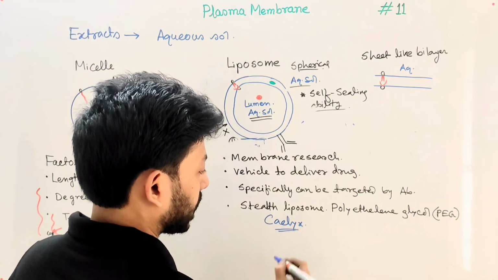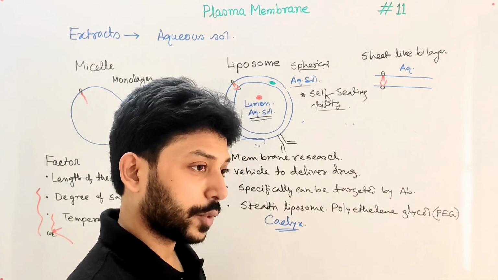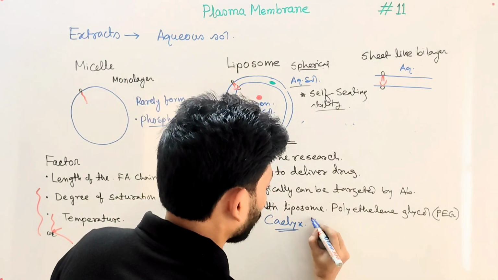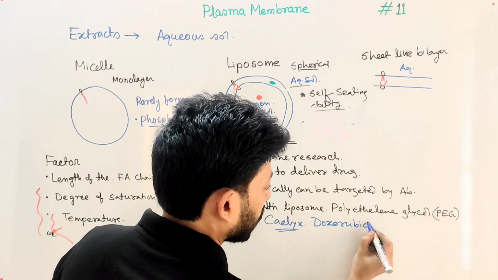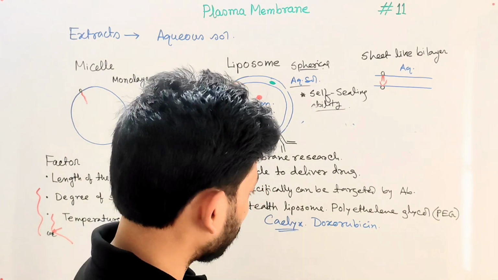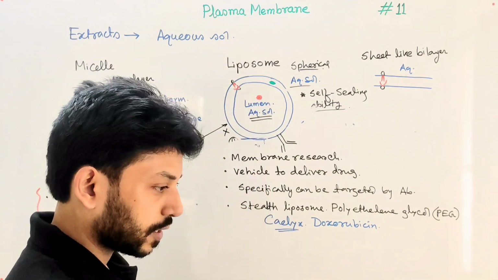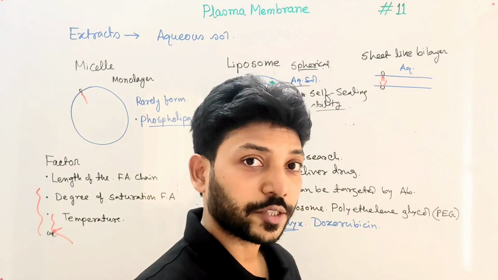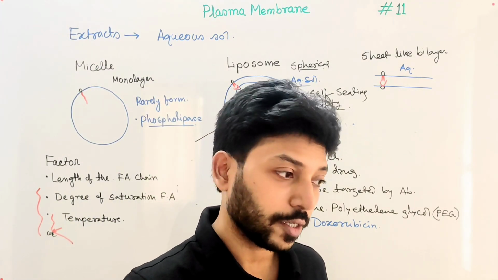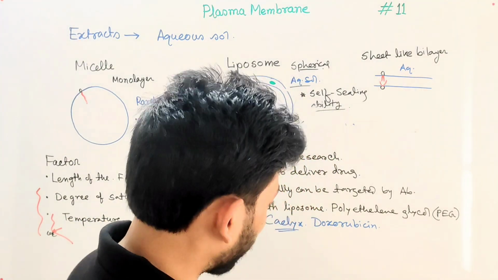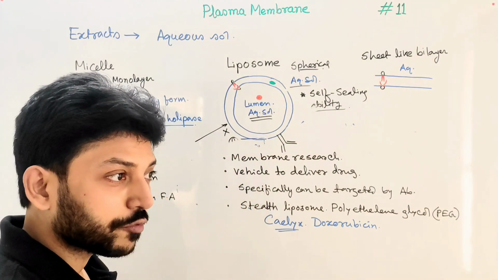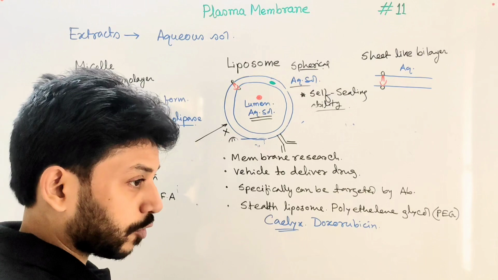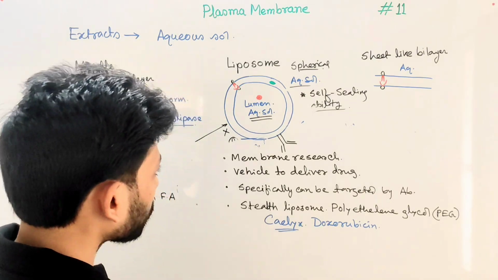This stealth liposome carries one chemotherapeutic drug, doxorubicin. It acts as a therapy for metastatic breast cancer, and it is approved for therapy. So liposomes can be used for membrane research and also for drug delivery.